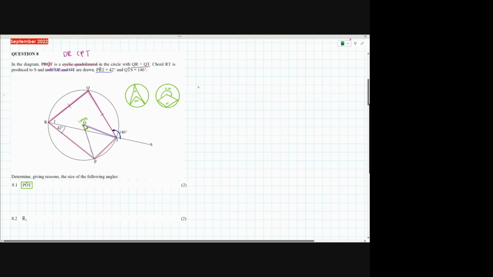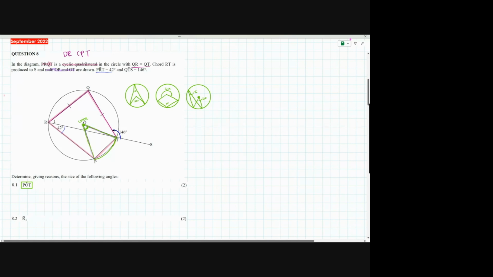And the form that we're looking at in this particular diagram is the one where you have your angle at the center, but then your angle at the circumference almost looks like an angles in the same segment situation, but it's not, because you've got one angle at the center and one angle at the circumference. And that's what we have here. So if we follow from this chord PT, we follow to the center.